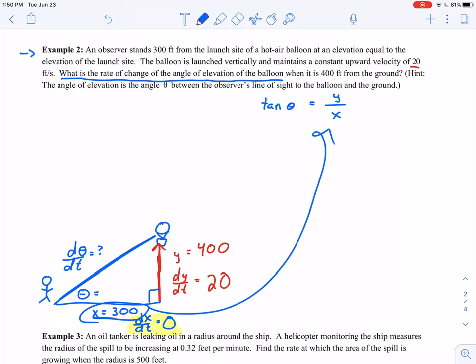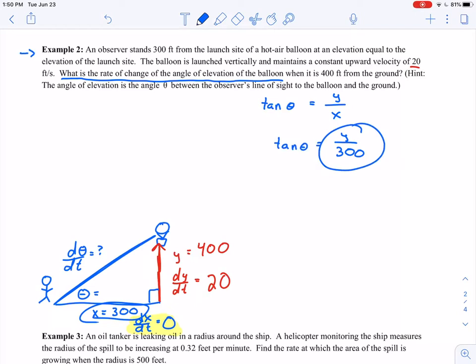So I can take x equals 300 and plug that into my equation. I can rewrite this as tangent of theta equals y divided by 300. Now because this 300 is a constant, I don't have to use the quotient rule. You could, but you don't have to.